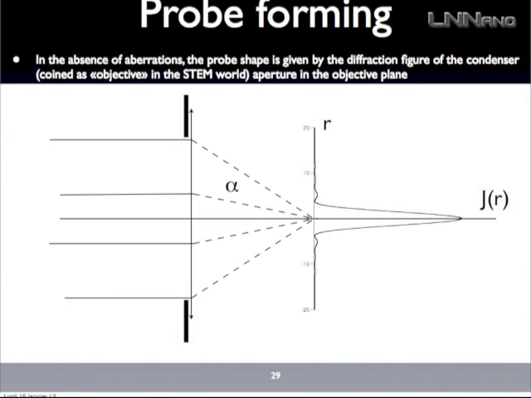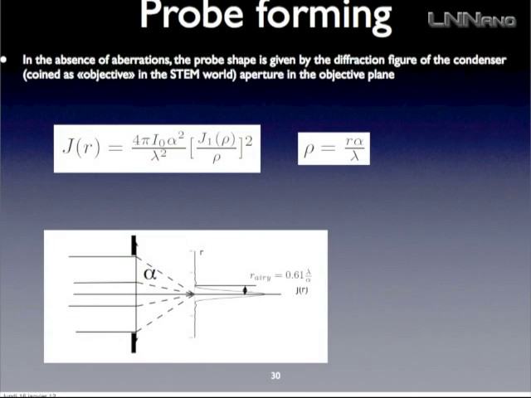Even if you have no aberration, right? So it's really a perfect case: no aberration, an infinitely parallel beam that hits the objective lens, and that is cut by an objective aperture. Okay, so there is this shape.